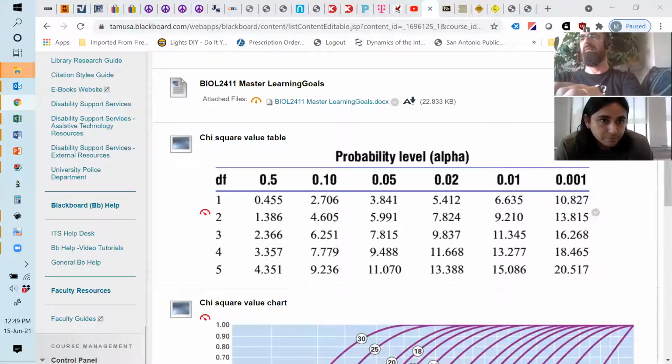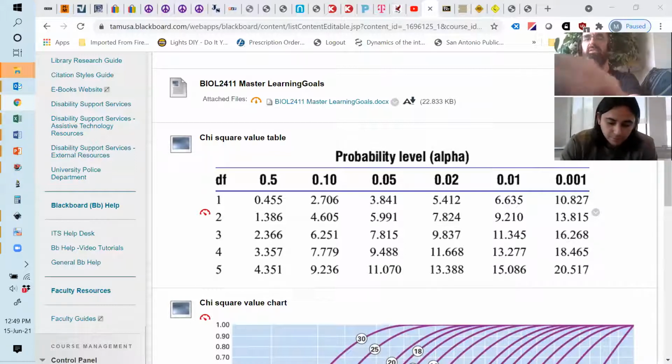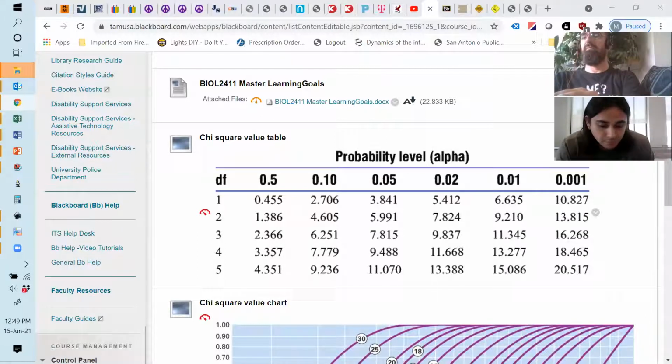What's our expected? 50, right? So it's 25 minus 50. We square that and divide it by 50. Plus, then we do the tails. 75 again, minus 50, squared, divided by 50.